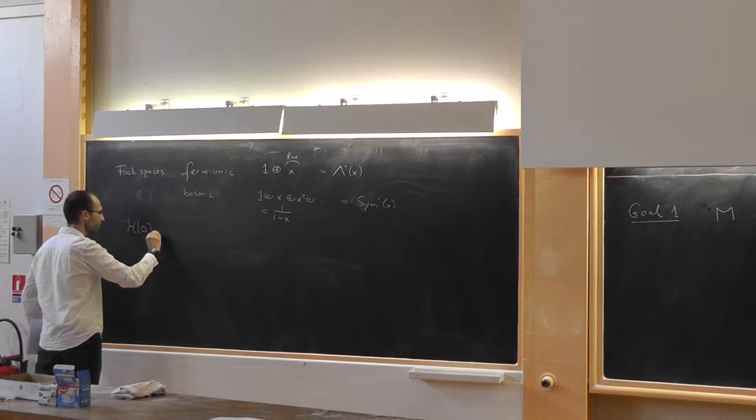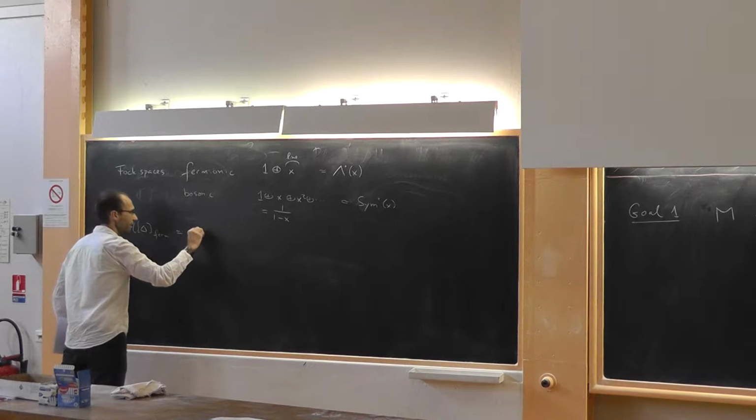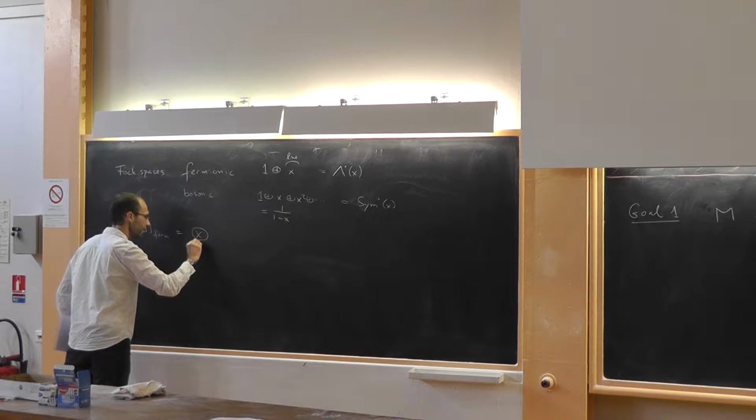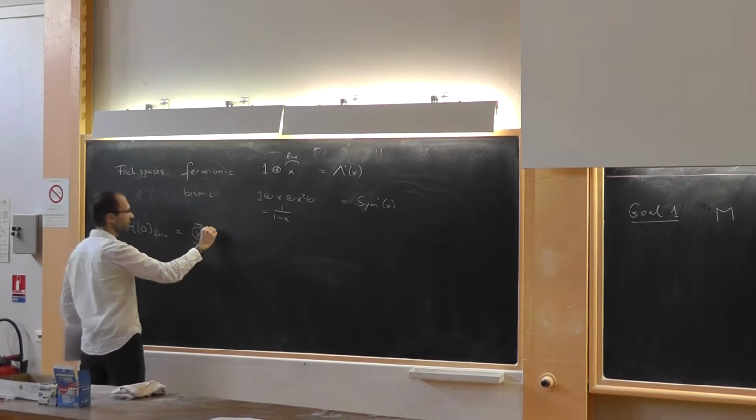So there's a fermionic version. It's the tensor product of an infinite number of fermionic Fock spaces.